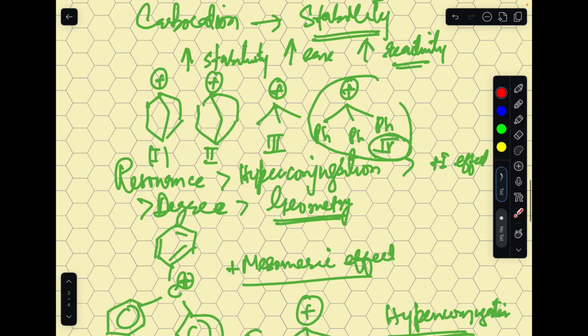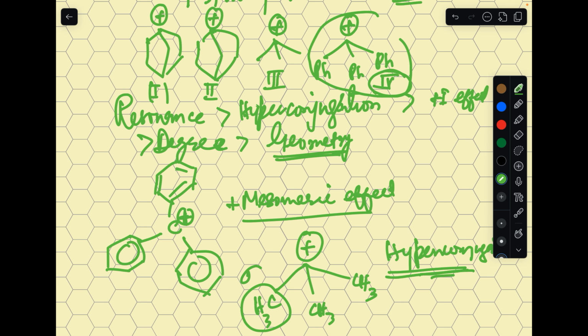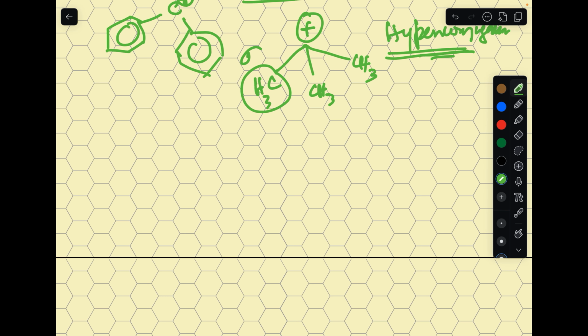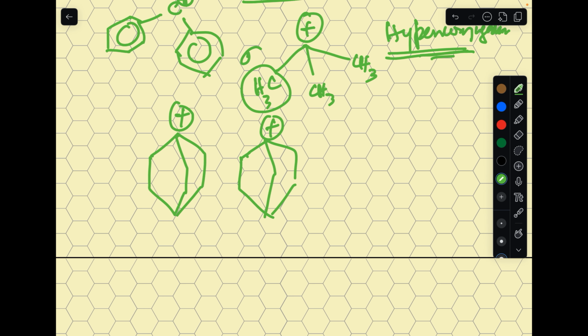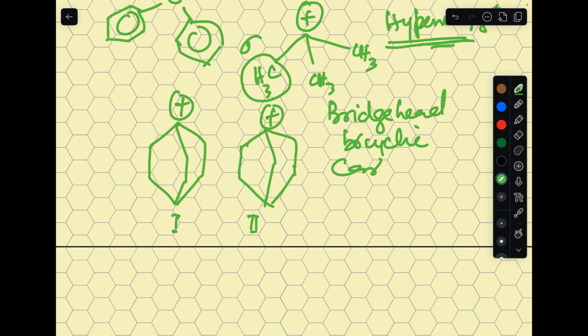So let us look into the first and second carbocations generated here. Now the main answer lies in solving the stability of these two carbocations. Let us analyze them first. Both the first and the second carbocations are bridgehead bicyclic carbocations. That is why I told you about the geometry.